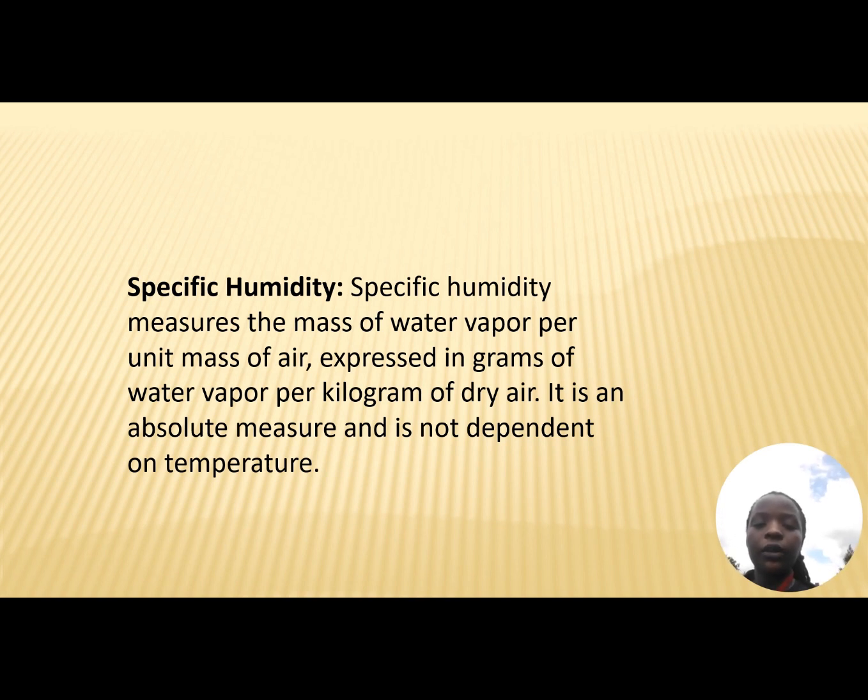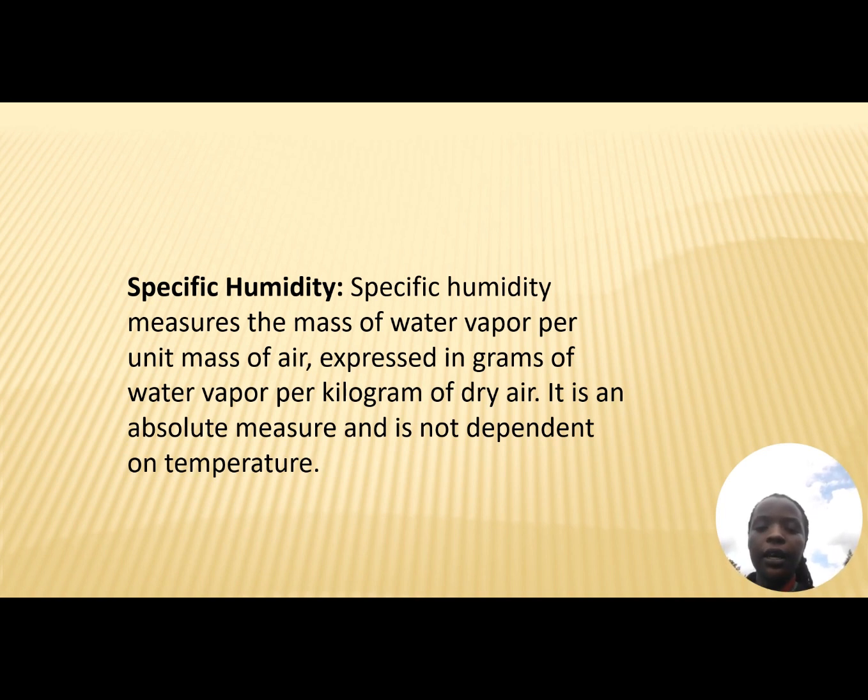This means that when you want to know the specific humidity of a specific place, we use the mass of water vapor per unit mass of air, and it is expressed in grams of water vapor per kilogram of dry air. When we are measuring the mass of water vapor, we use grams, and when we are measuring the mass of air, we use kilograms of dry air.